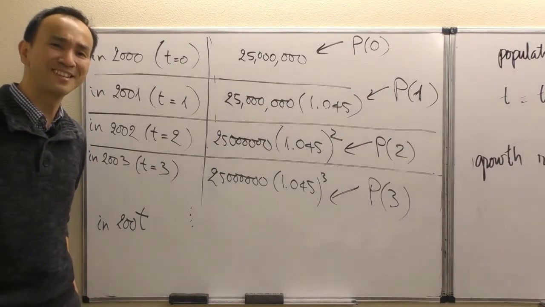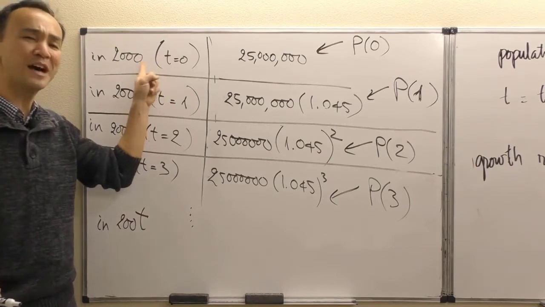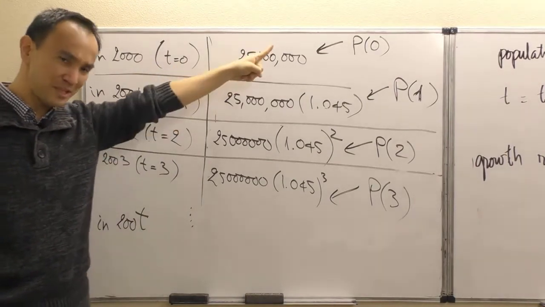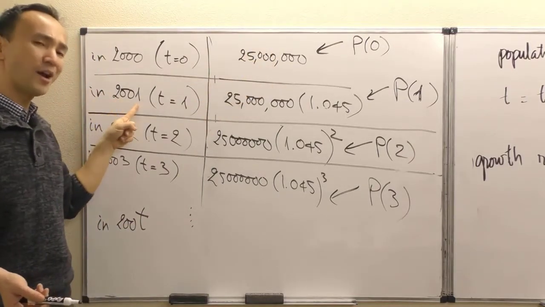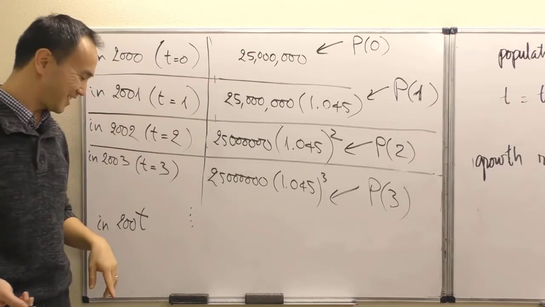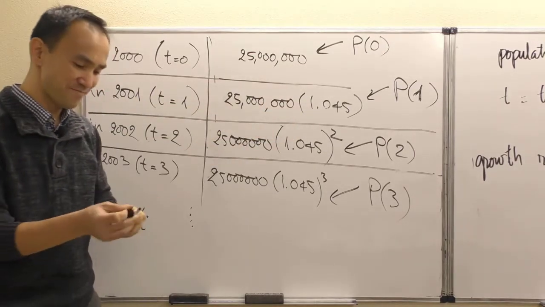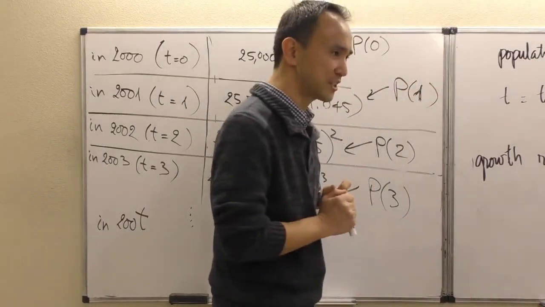Allow me to write things a little awkwardly that way, but I mean in some t years after 2000. So now when t equals 0, it's that initial amount, P of 0 equals 25 millions. In 2001, this is t equals 1, and we've gone that much. So it looks like I can use the following term right here.